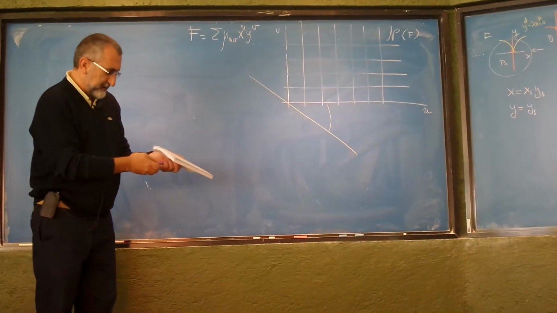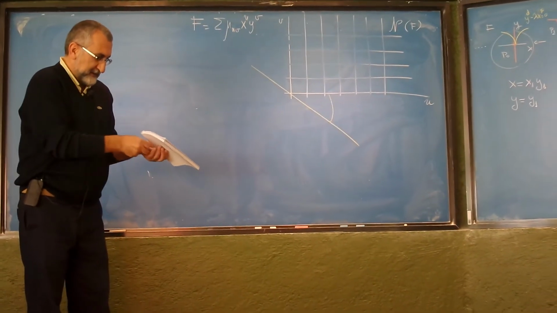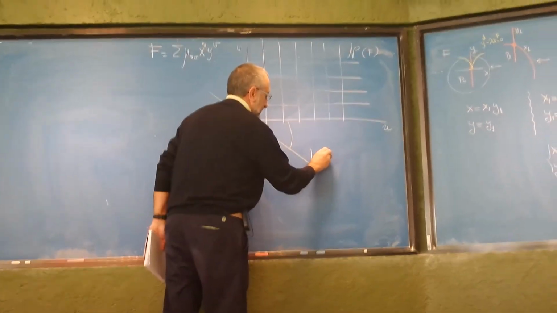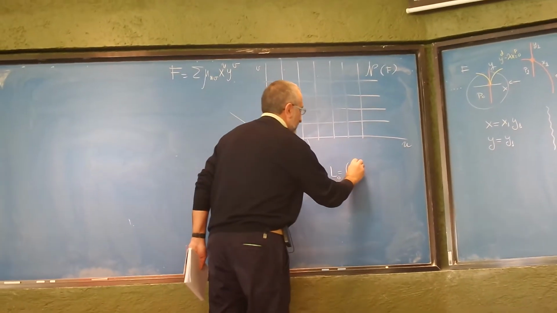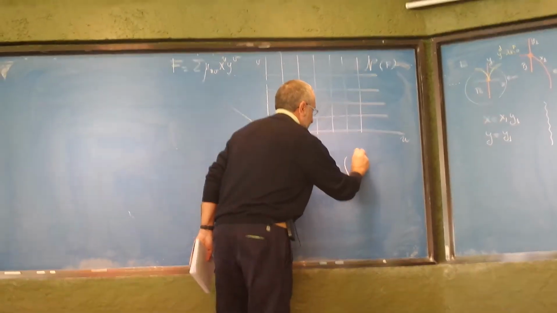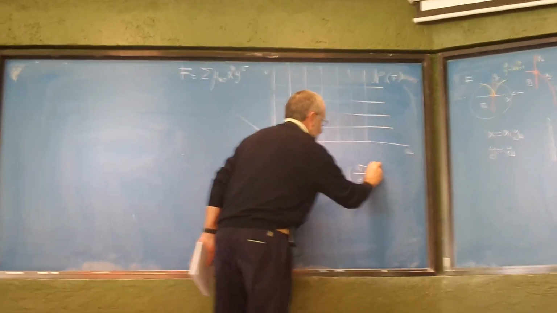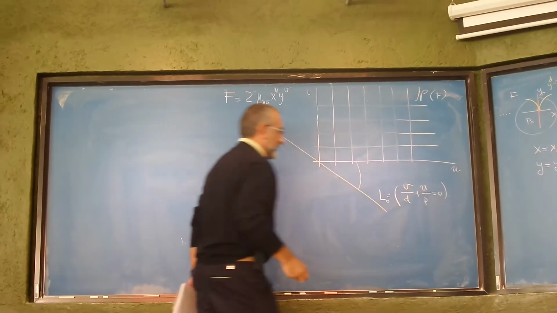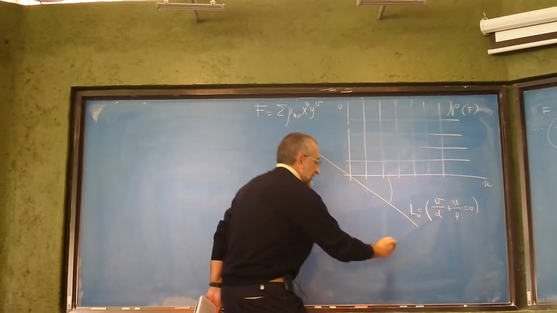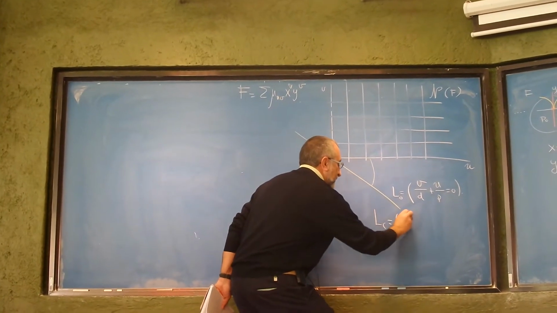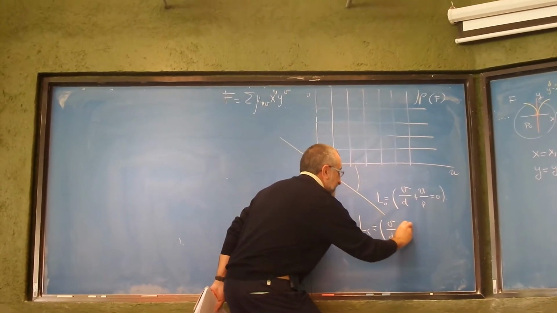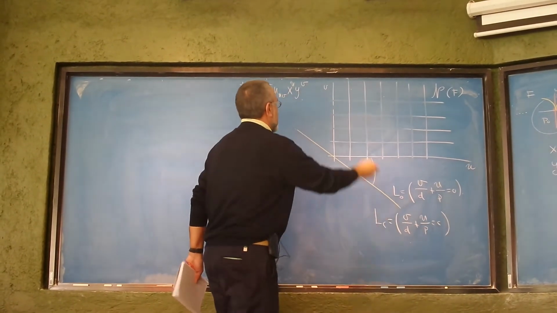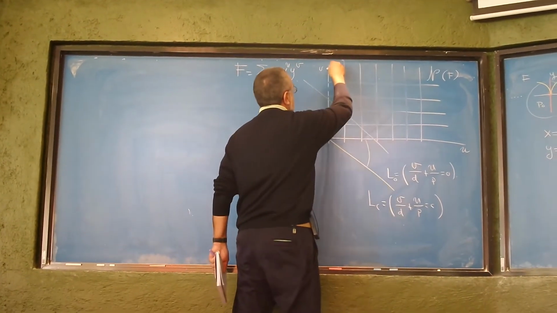Now let us consider the line L0, that is v over V plus u over p equals 0. And of course, the line LC will be u over V plus u over p equals C. So, lines like that.